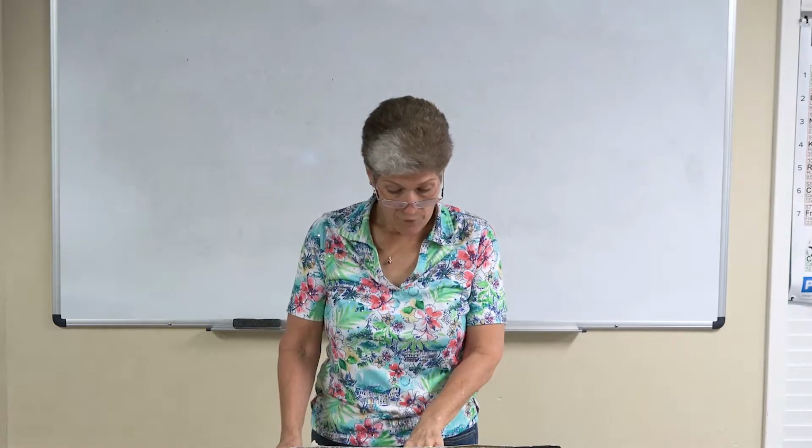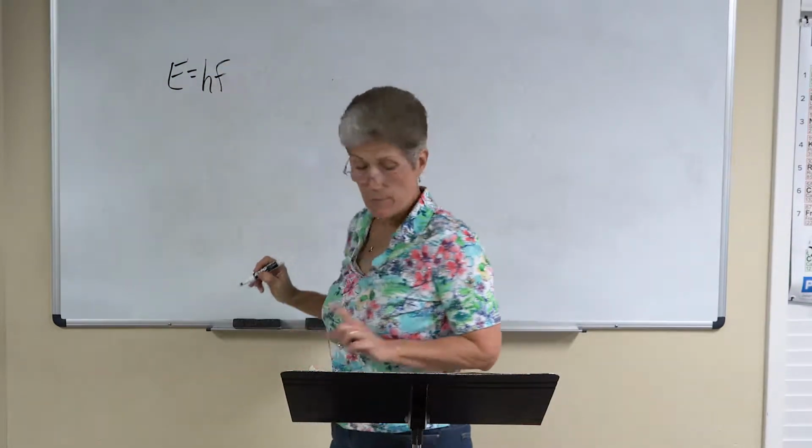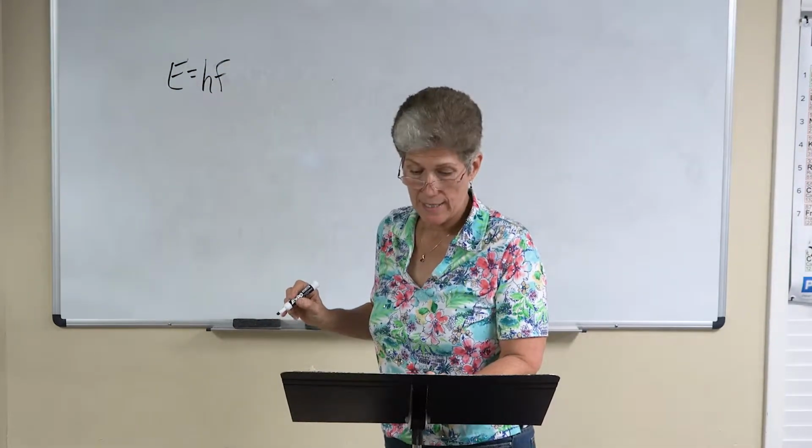Number 7. A photon has a frequency of 5.94 times 10 to the 19th. What is its energy? Well, we know that the energy equals HF. And notice H is given to us right there.